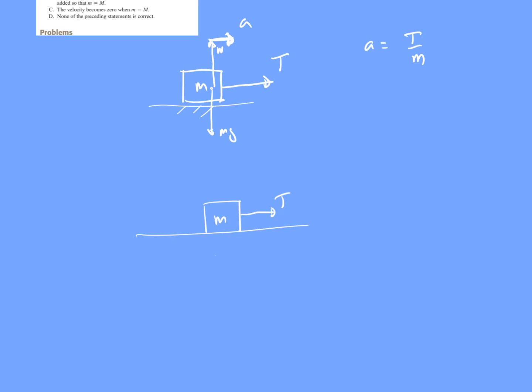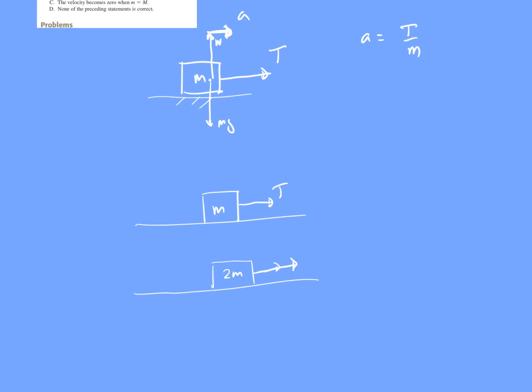Okay. So when I increase the mass to 2m, the tension will be smaller or bigger? Well, as you increase the mass, the tension here will be bigger.